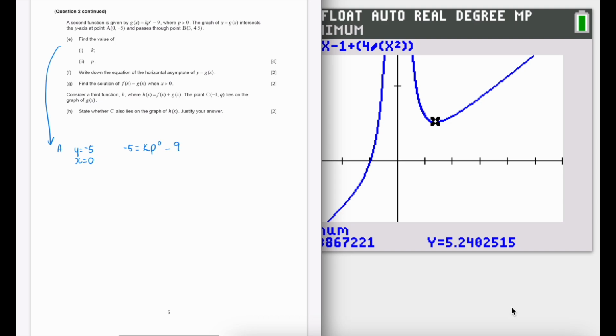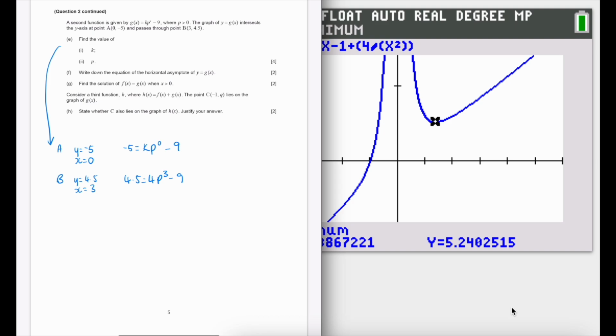And then we can use the other coordinate as well. So this is coordinate B, which tells us that when y is equal to 4.5, x is equal to 3. So for this one, we have 4.5 equals k·p cubed minus 9. And then from that, we can find both k and p.